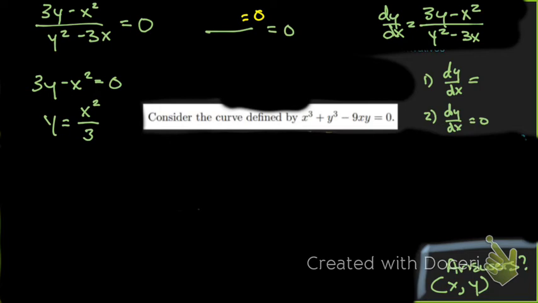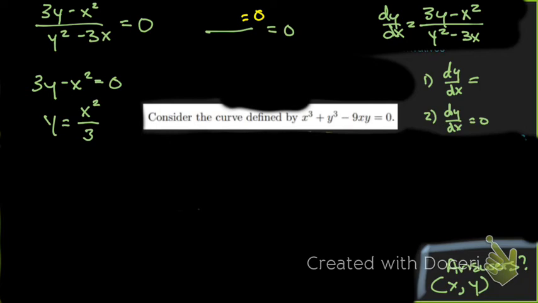What does this mean for us? How many points could make this thing true? Infinite. So in other words, there's an infinite number of points that could have a 0 slope, right? But there's actually not.